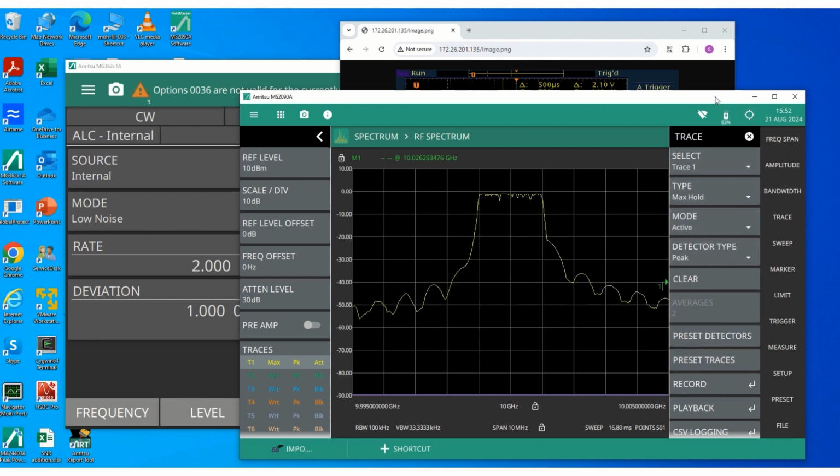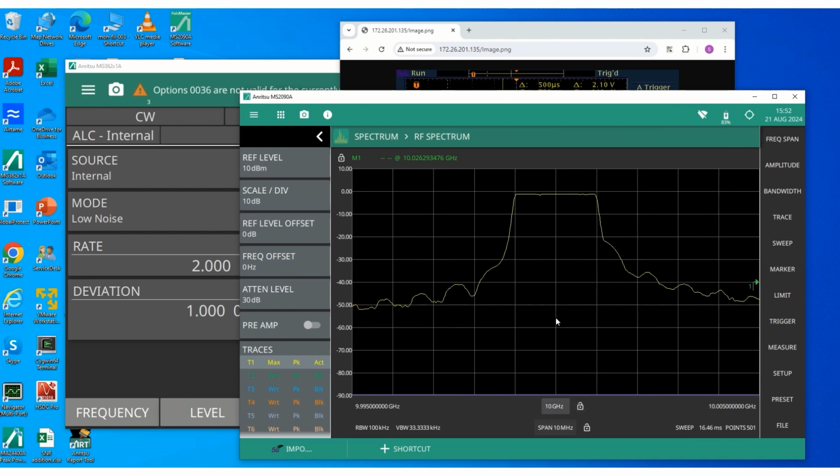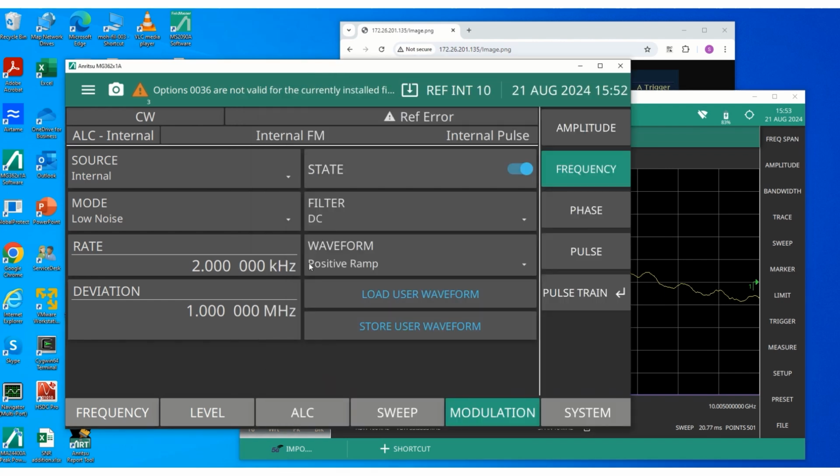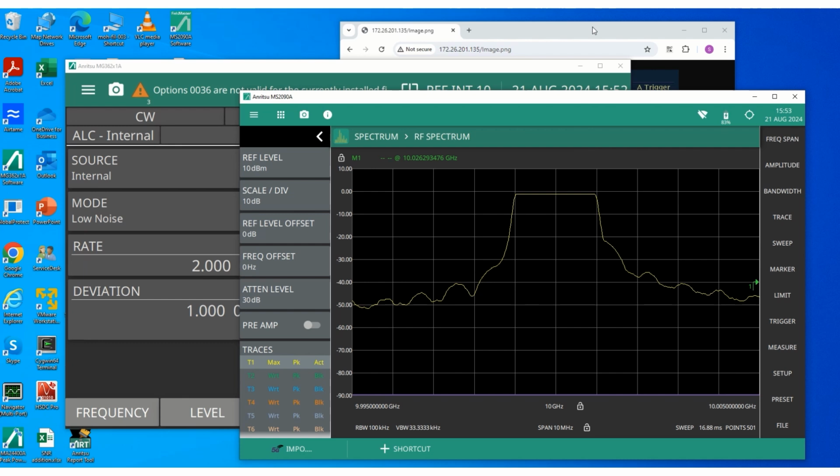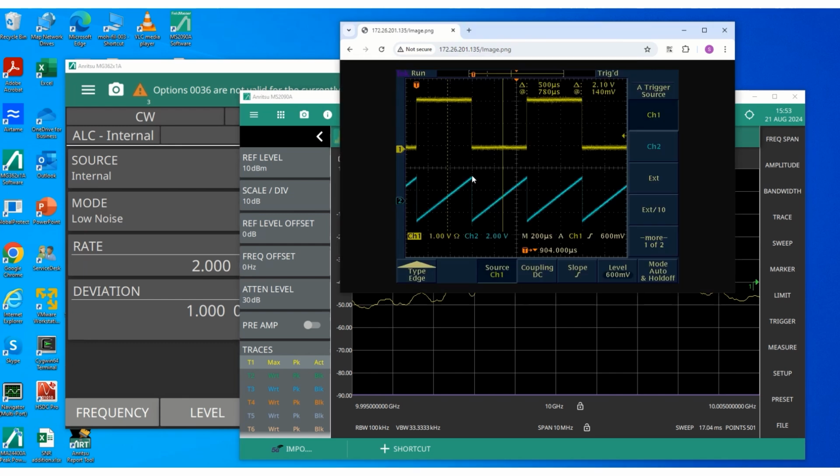And when you do the max hold, you can see this is the 10 gigahertz center frequency, and it's swinging on either side of 10 gigahertz by plus minus 1 megahertz, because we set the deviation to 1 megahertz, right? So during this on period the RF carrier swings from 10 gigahertz minus 1 megahertz to 10 gigahertz plus 1 megahertz, and that's basically our chirp, right?